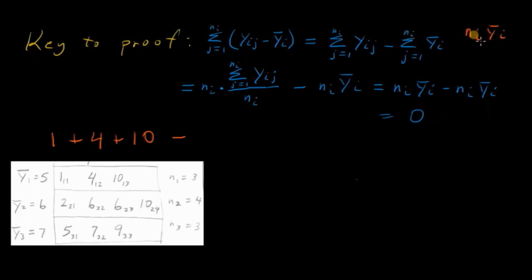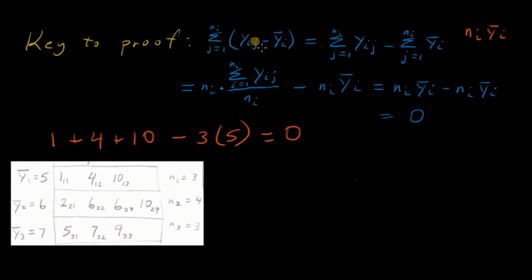Okay, well, so this is the number of items in the group, which there are 3 here, 3 times the group mean. Well, that's 5. Well, this is 15 minus 15. Okay, and we could have done it with this group or with this group, and we'd still keep getting 0.